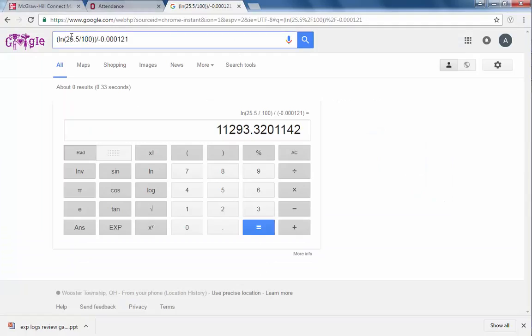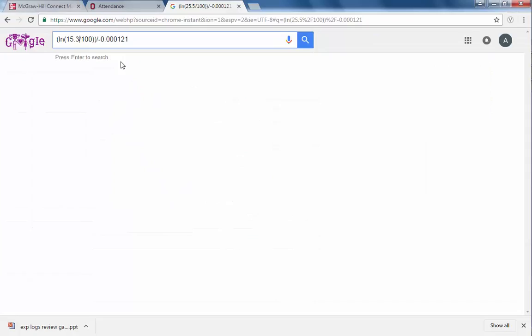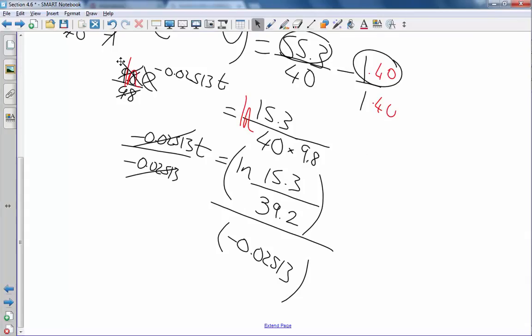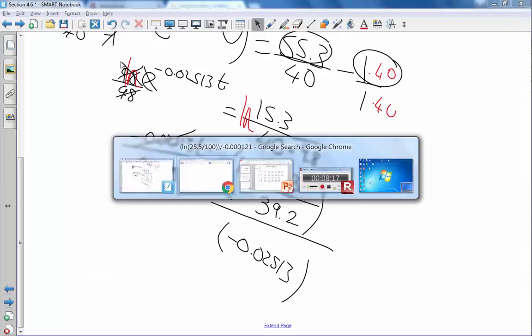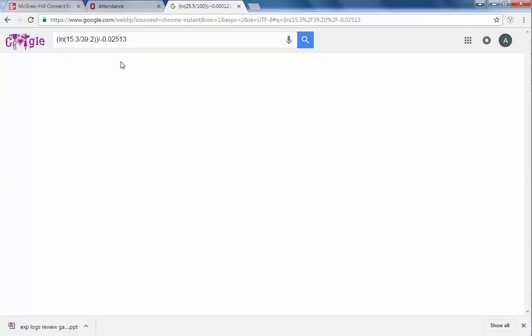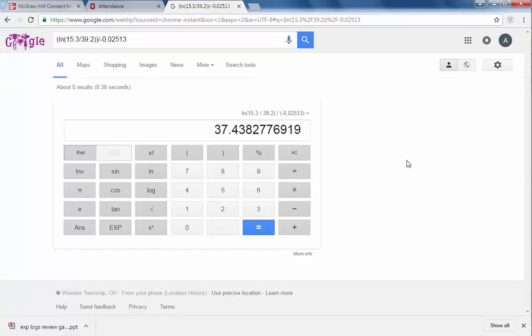Oh, we already have almost that thing set up. You see, we end up getting the same ratio all the time: 15.3 over 39.2, and the rate. Is my rate correct? 0.02513. That's 37.4 years.